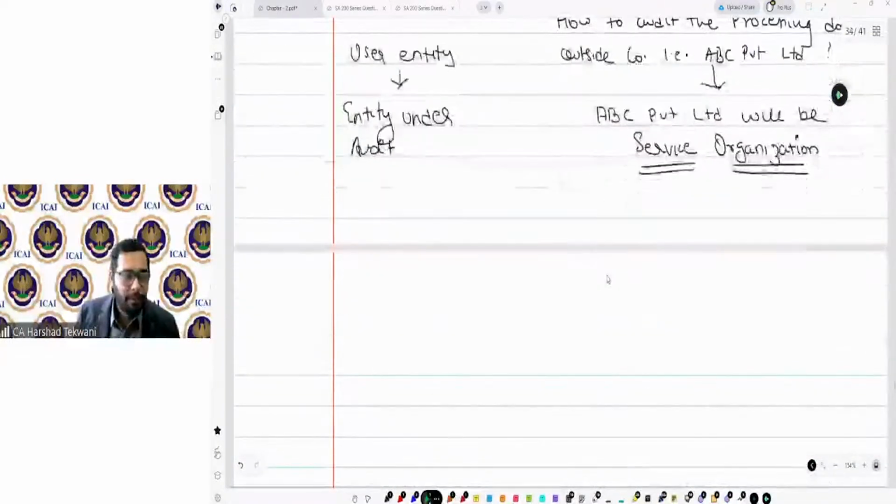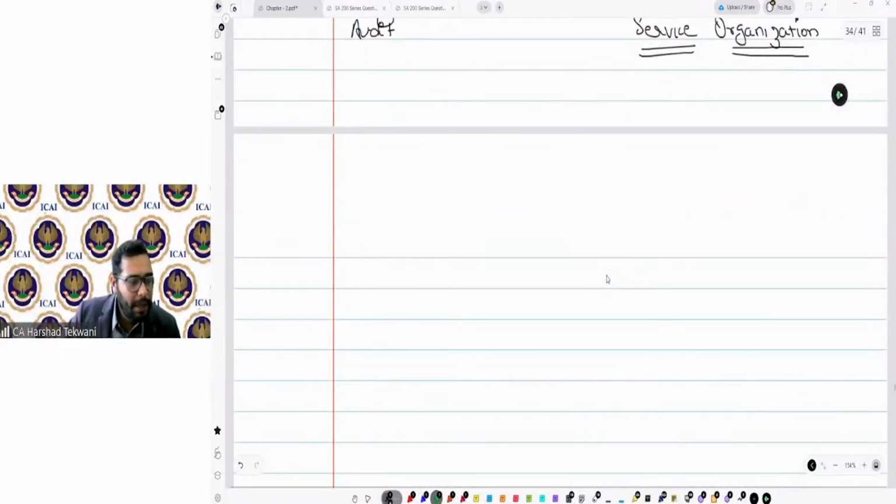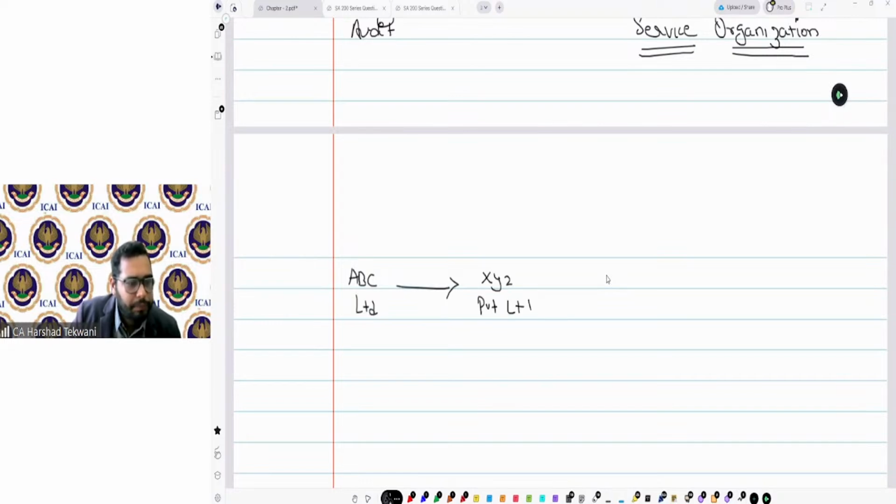I'll change the example. Let's say there is a company ABC Limited. ABC Limited has hired XYZ Private Limited for scanning and filing.